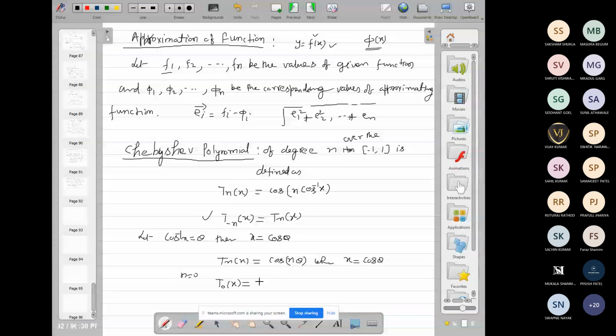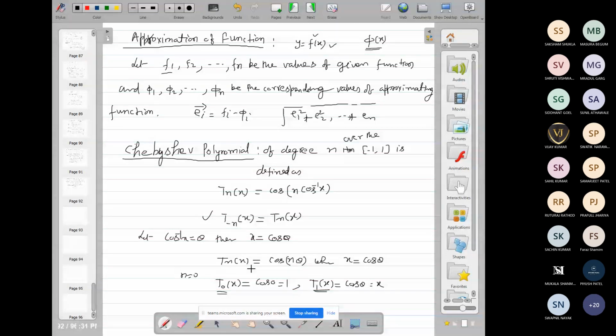Similarly, T1(x) will be cos theta, and that is x. T1(x) is equal to x, and T0(x) is equal to 1. So with the help of these two values, we can calculate the value of Tn(x) for every finite n.